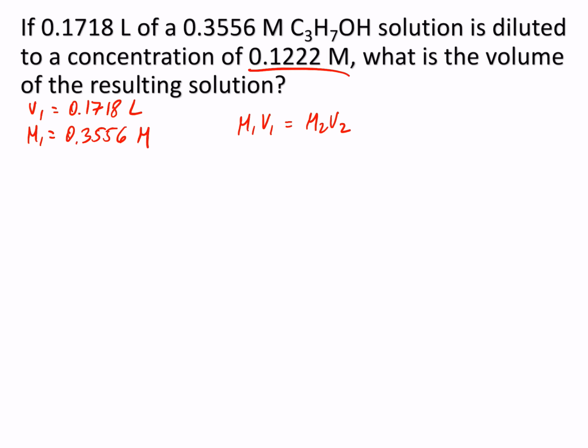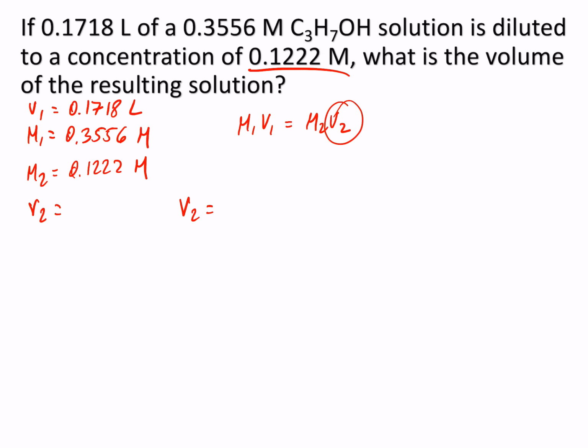And then the next number is a concentration. So M2 is 0.1222 molar. So we are actually solving for V2. What is the final volume of the resulting solution when you dilute that initial concentration? So we are solving for V2.